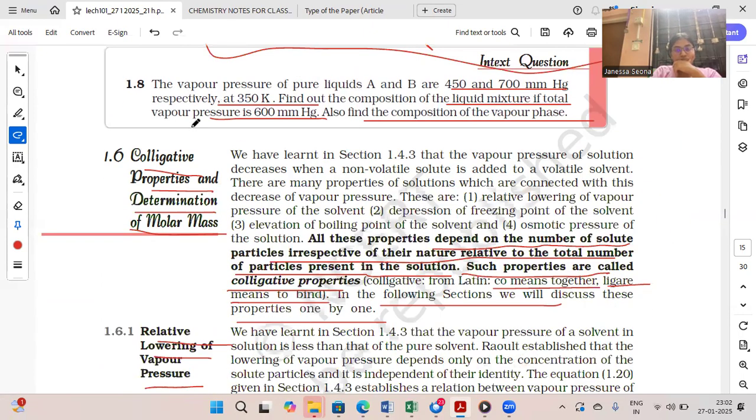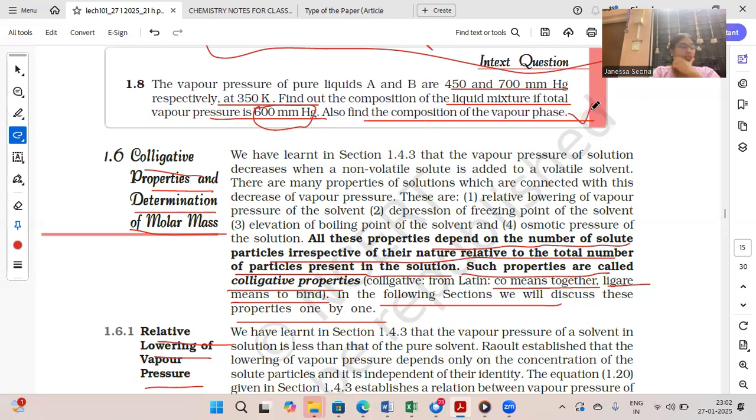Then, the vapor pressures of pure liquids A and B are 450 and 700 millimeters of Hg respectively at a particular temperature. Find out the composition of the liquid mixture if total vapor pressure is 600 millimeters of Hg. Also find out the composition in the vapor phase.